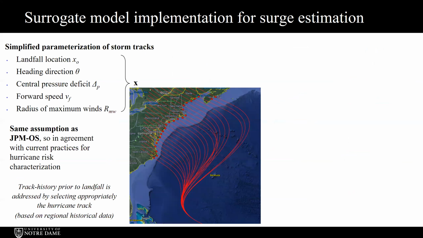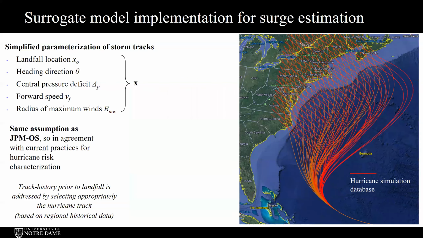Of course, the track prior to landfall is important, and for the synthetic storms, this is chosen based on regional characteristics. So this is our setting. We have a hurricane simulation database, and after we train our surrogate model, we can very efficiently provide predictions for any other storm that we want.